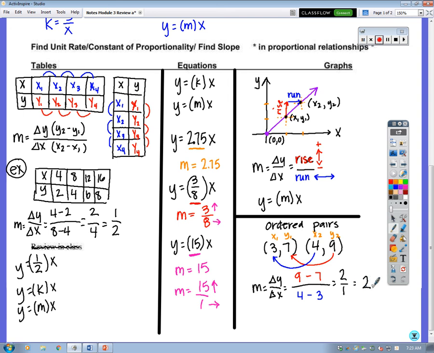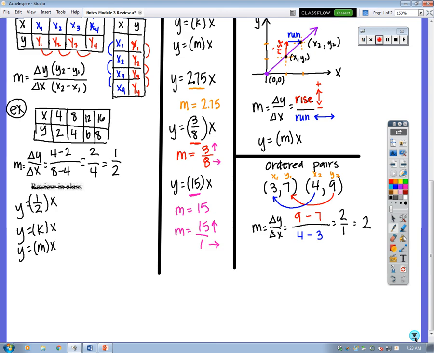Now what this means is that if I was going to graph this, a slope of 2, or 2 over 1, because anytime you have a whole number, you need to put it over 1 for slope. A slope of 2 over 1 says that I'm going up 2 and over 1. This is a positive slope. If this was a negative slope, I'm just going to give you another example here.